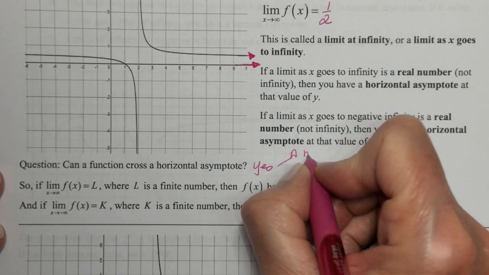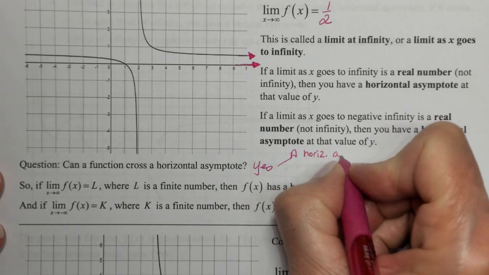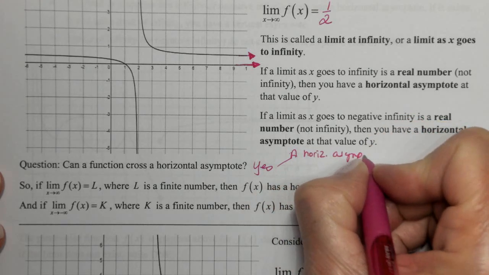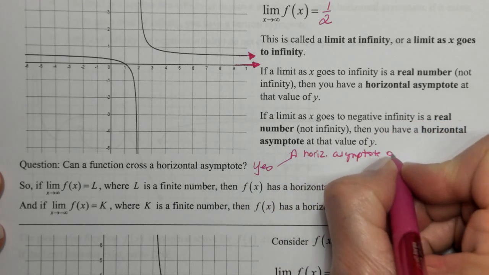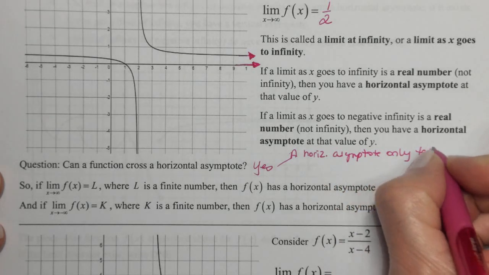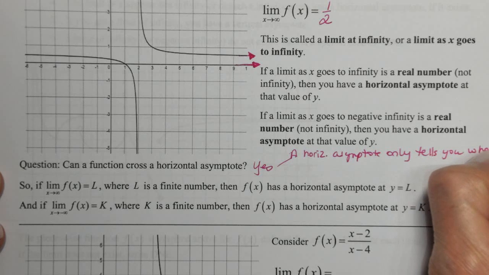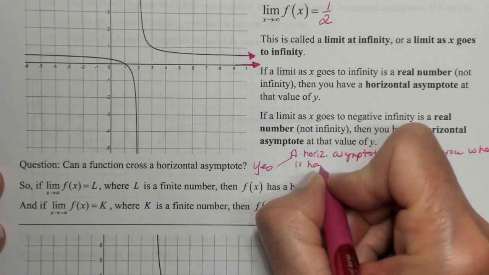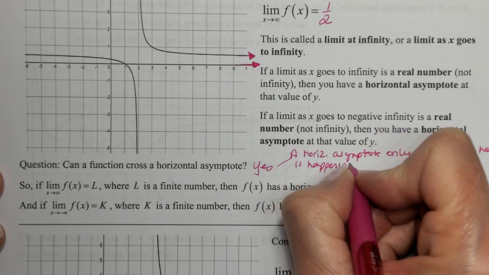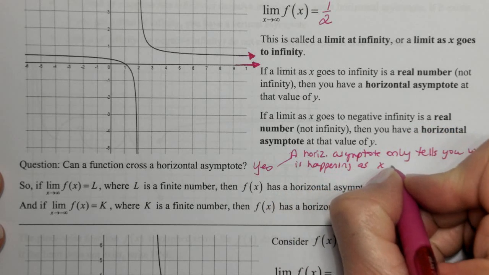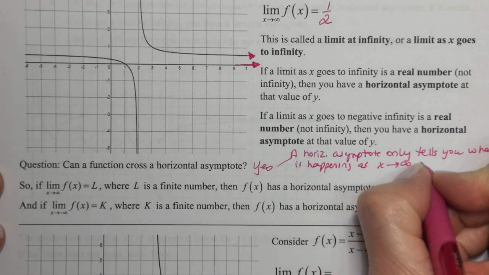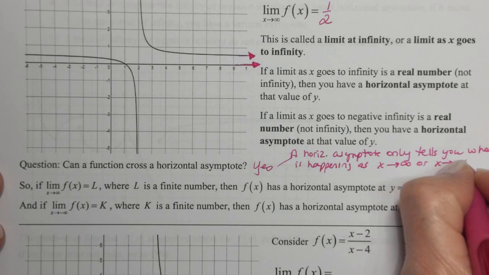A horizontal asymptote only tells you what is happening as x approaches infinity or negative infinity.